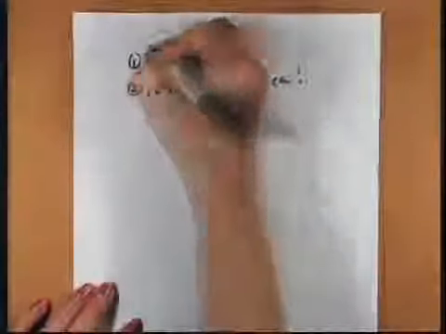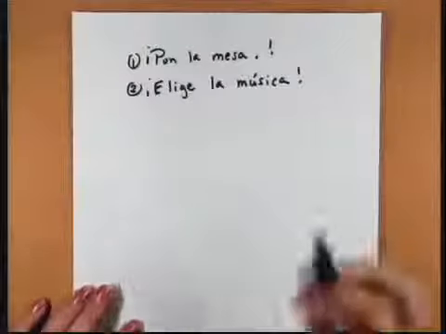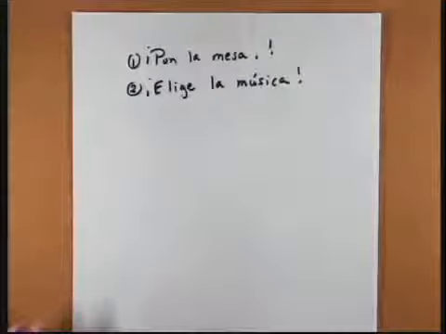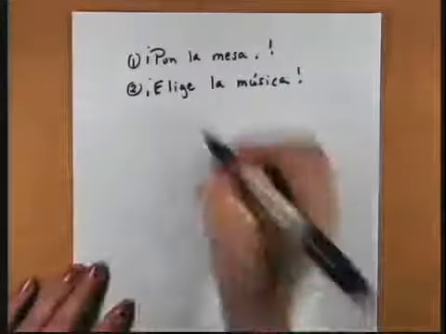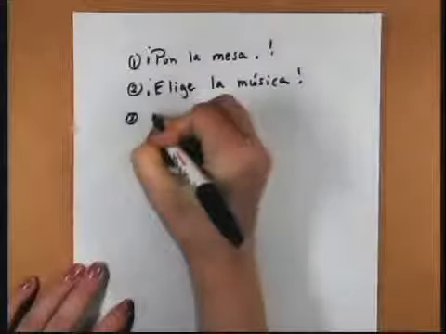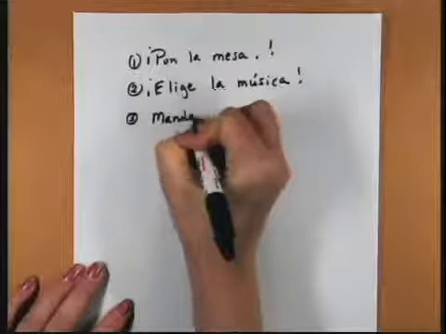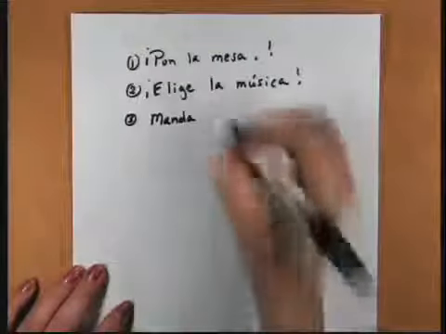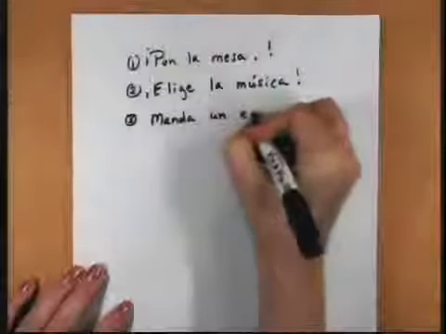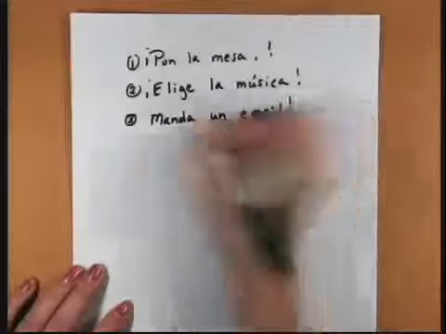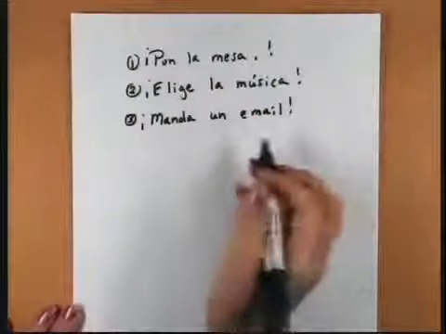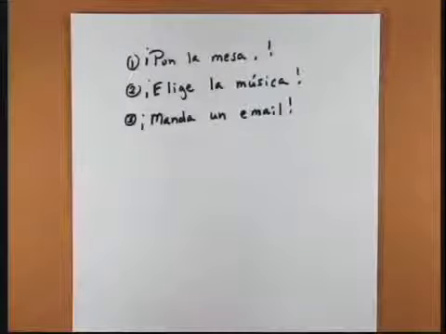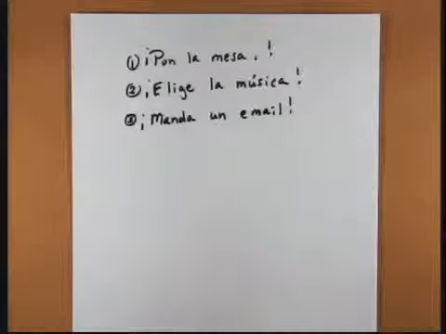We could put little exclamation points. Elige la música. Choose the music. Manda. Mandar means to send or to command, but it can be to send. Manda un email. Send an email. Manda un email. Pon la mesa. Elige la música. Manda un email. Send an email to invite everyone.